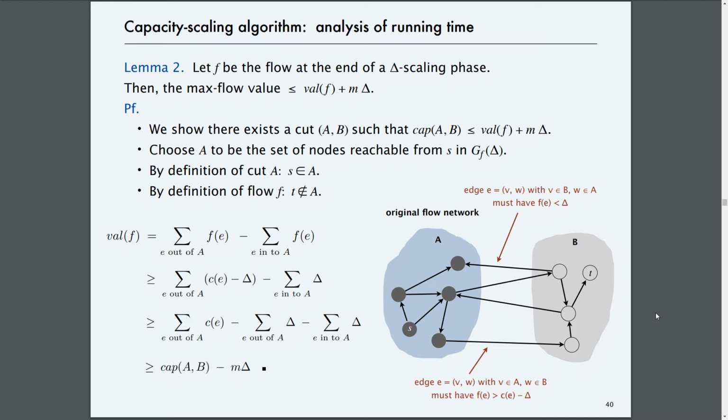Yep, so it may not be entirely obvious that this works, that the scaling doesn't break things. So essentially, at each turn we're only considering edges with residual capacity greater than or equal to this delta.